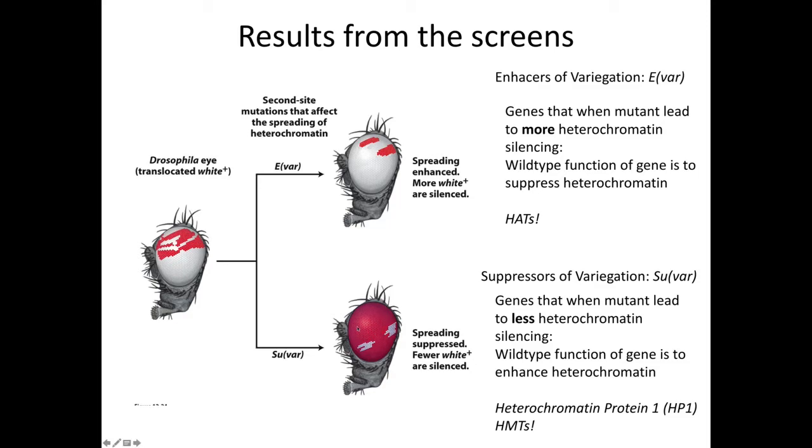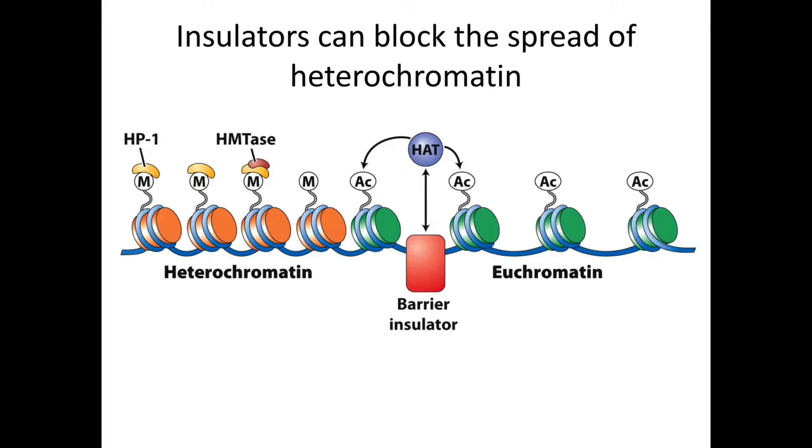You might think the mutated genes would be those involved in forming heterochromatin. So what genes did they find? The wild-type function of these genes is to enhance heterochromatin, and they found heterochromatin protein 1, HP1, and histone methyltransferases. So a genetic screen here is showing how one can identify genes involved in regulating the genome at a large scale.